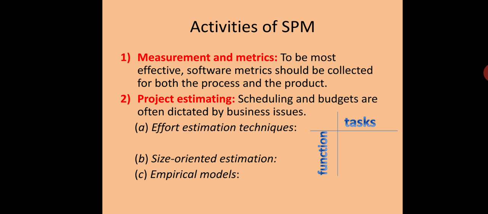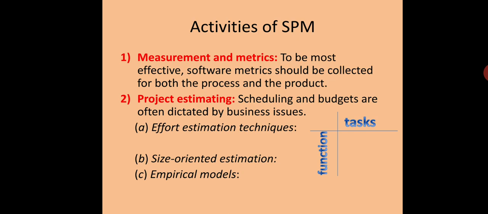The next thing is empirical models. Using the results of a large population of past projects, an empirical model that relates product size to effort is developed using some kind of statistical technique such as regression analysis. All these models let you do analysis so as to have some kind of estimation of future projects.